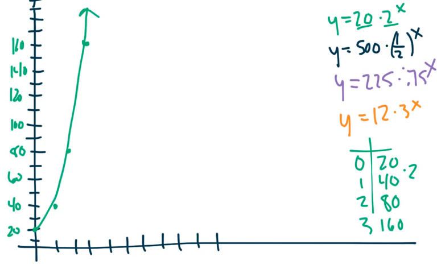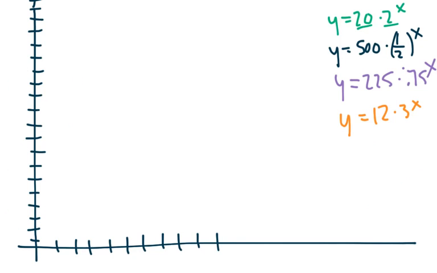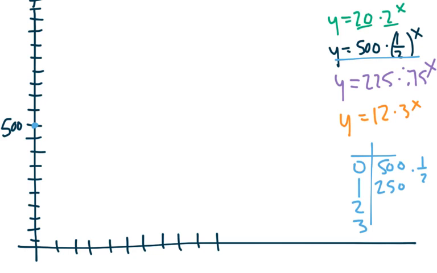Alright, now let's do the next one. Let's call this 500, and we'll do this one in that lighter blue. So we start at 500, and then we're cutting it in half. So at 0 we're at 500, 1, 2, 3. Then we're timesing by a half. So this would be 250, then 125, then 125 divided by 2 would be 62.5.